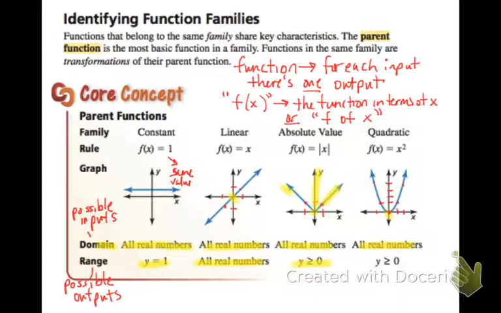So they can also equal 0, but our possible outputs are greater than or equal to 0. And the same with the parent function of the quadratic, our resulting y values will be up in the positive because of the nature of this equation. So domain is our set of possible inputs that'll give us a real number output. Our range is our set of resulting outputs.